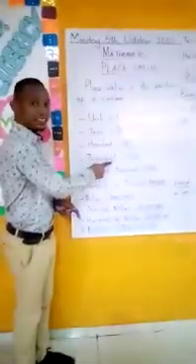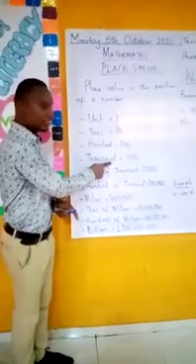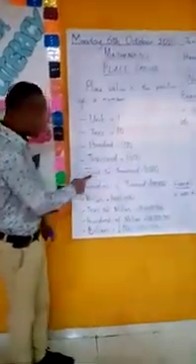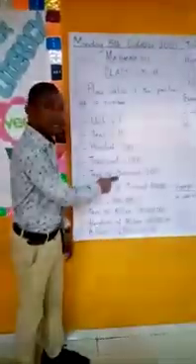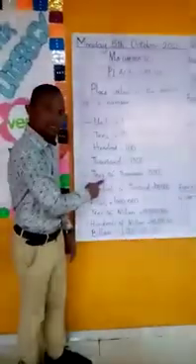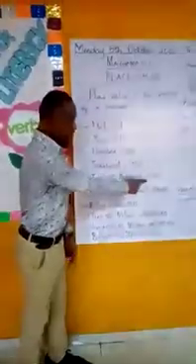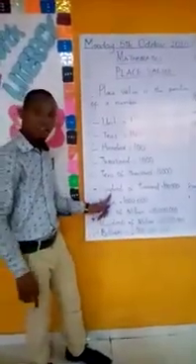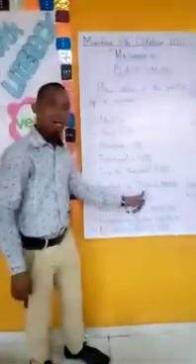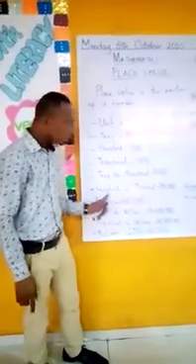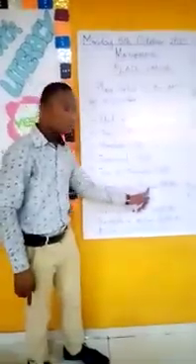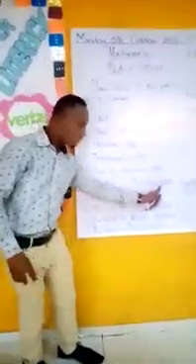Thousands, 1,000. Then we have tens of thousands, 10 and 1,000. Then the next one we have hundreds of thousands, 100 and 1,000.